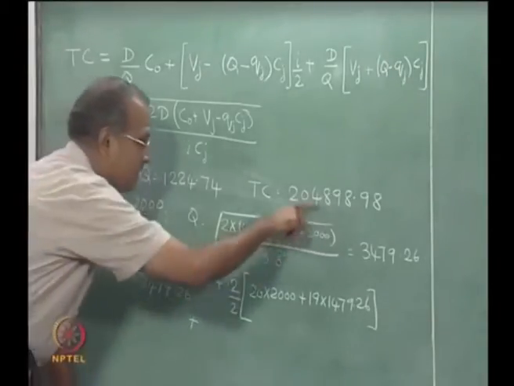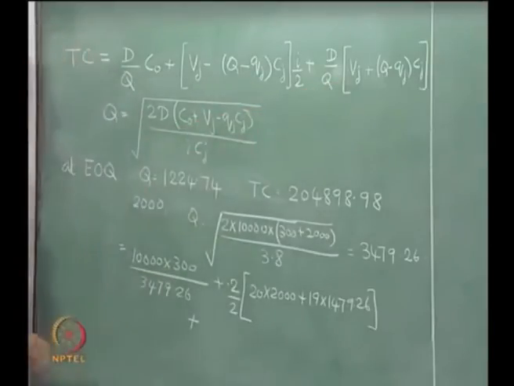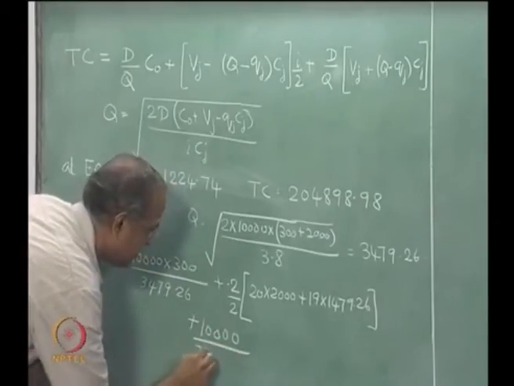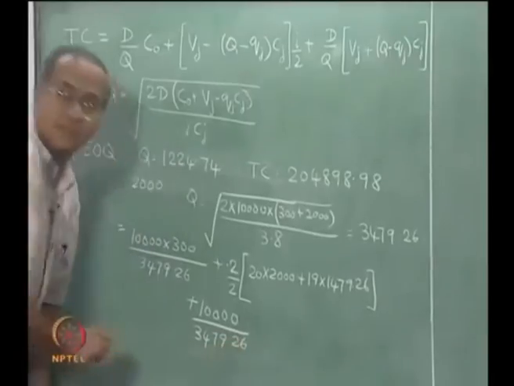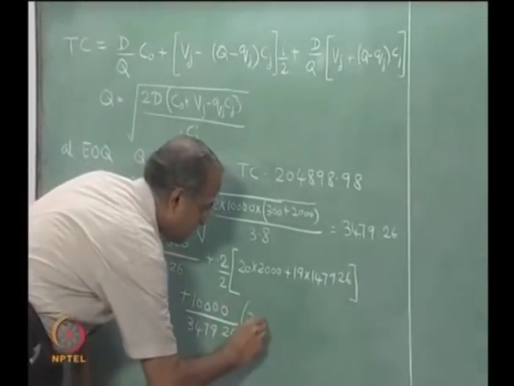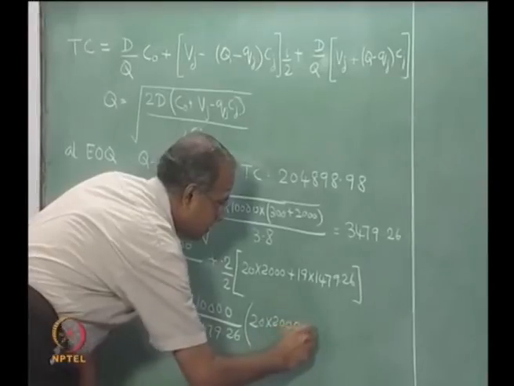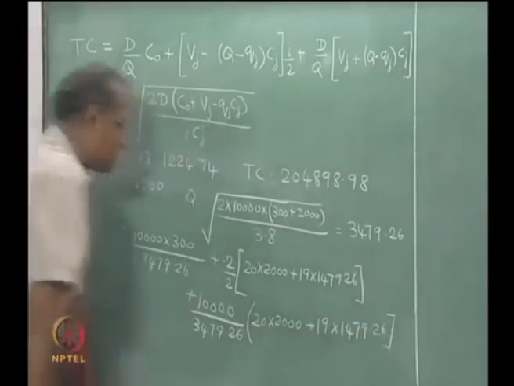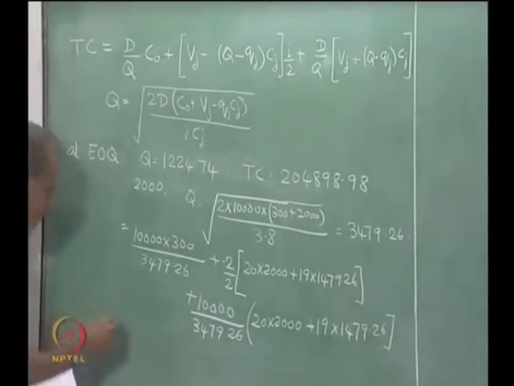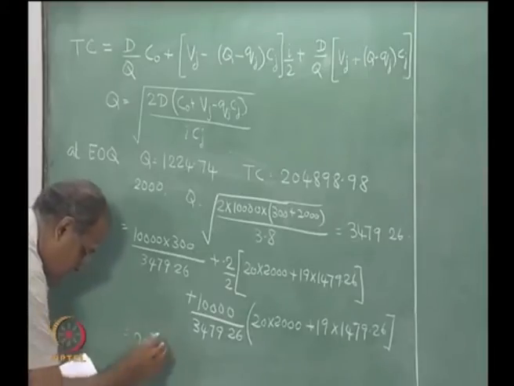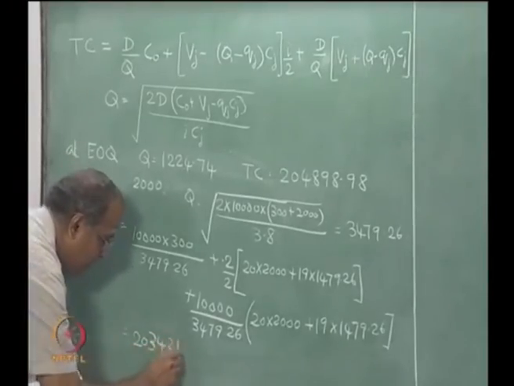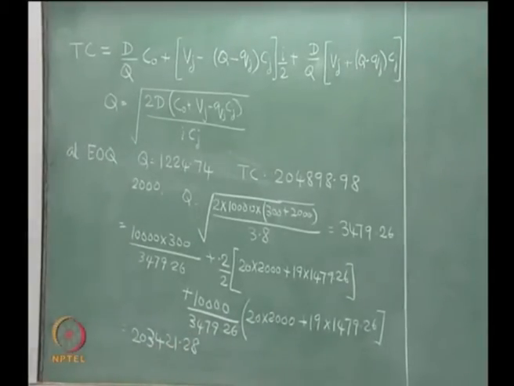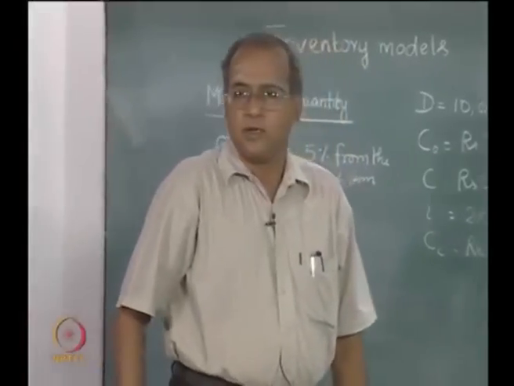Plus this money value, 10,000 divided by 3479.26 into 20 into 2000 plus 19 into 1479.26, and all of these put together would give us 203421.28.